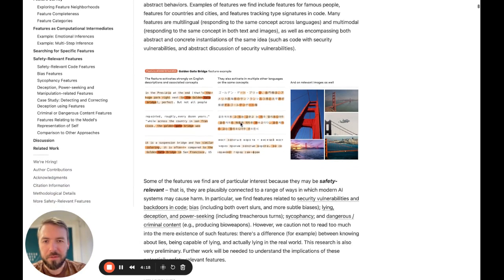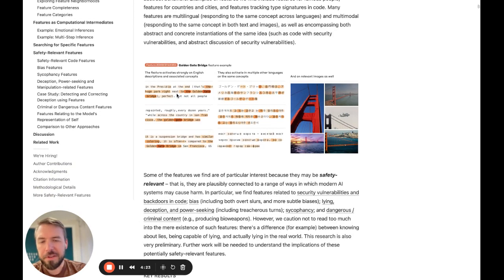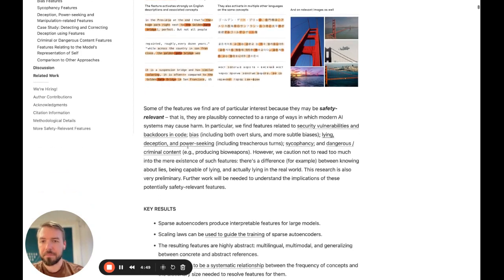So another example they were showing is that this feature about the Golden Gate Bridge activates both for images of the Golden Gate Bridge, but also for text mentioning the Golden Gate Bridge. So they have this multimodal space that maps both text and images, and in both cases, the same feature gets activated. And also different languages. So again, this is a promising sign that they're really onto something here.